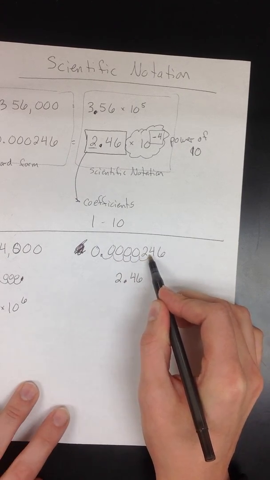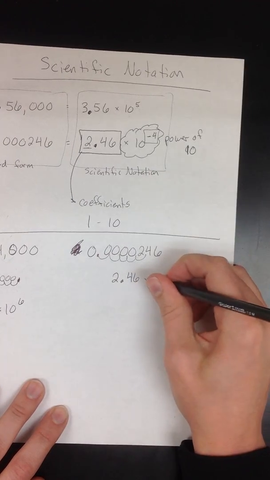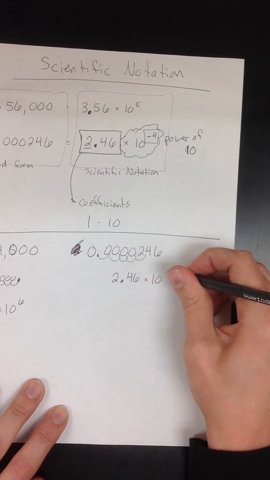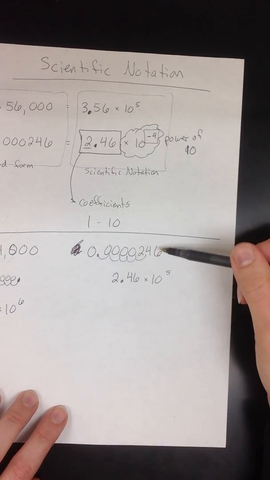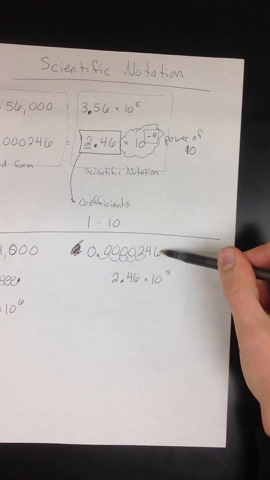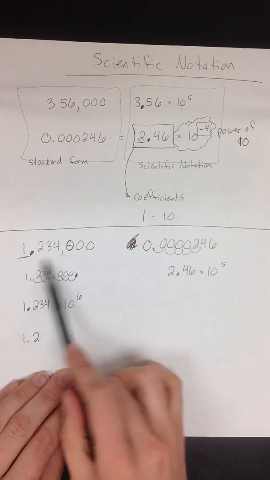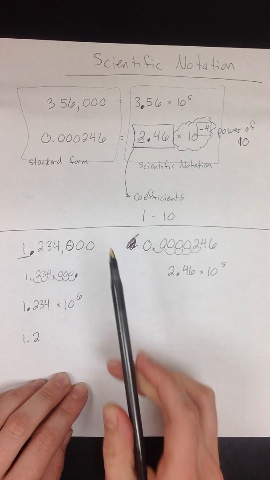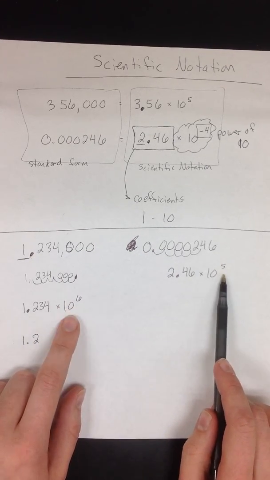I move my decimal 5 times to go from its original location to where I need it to be in my coefficient. So I'm going to say 5 times. Now, this is a number much smaller than 1. And this is a number that was much bigger than 1. So I can't have these be the same.